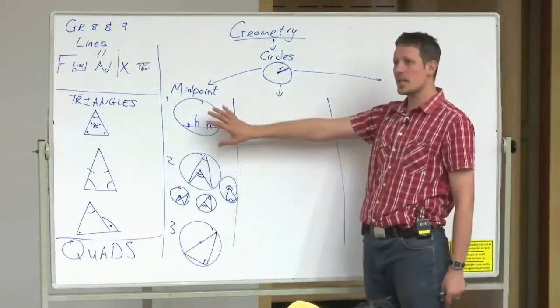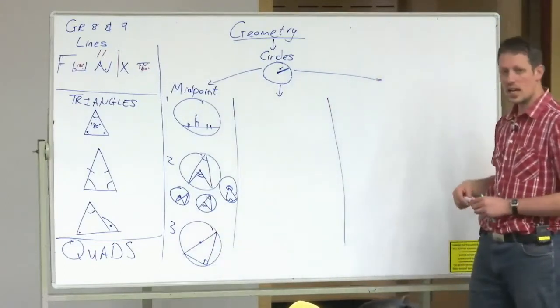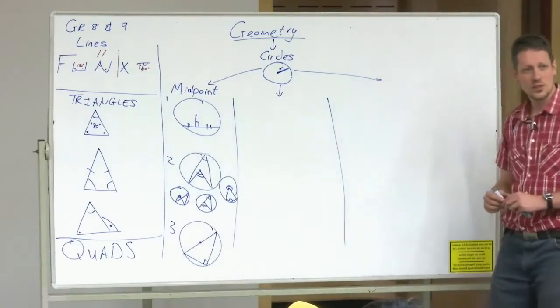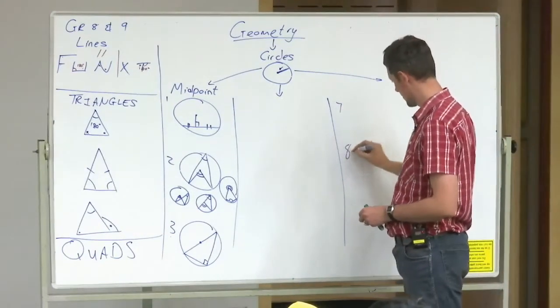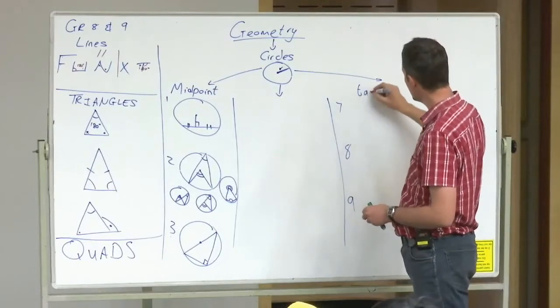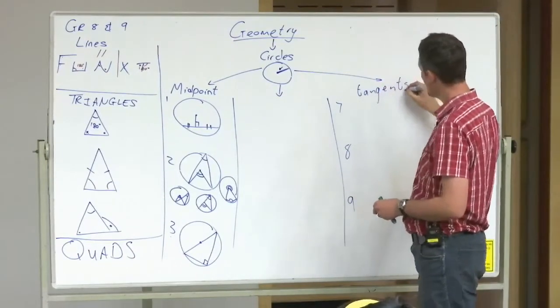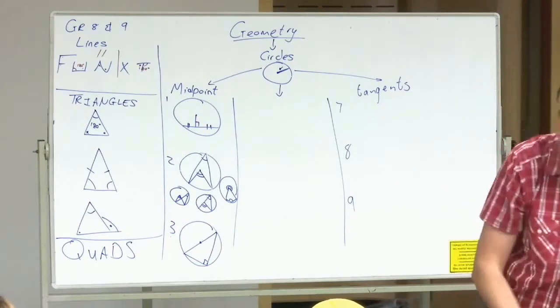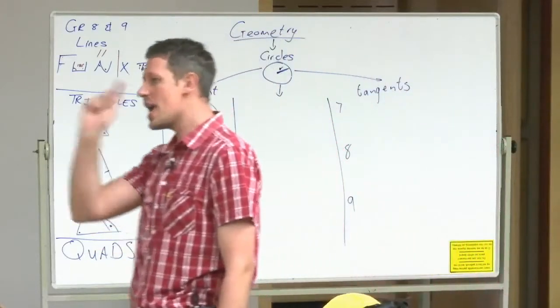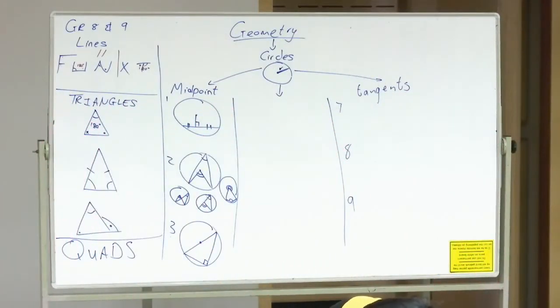Guys, after I've looked at midpoints, I go to Theorem 7, 8, 9, which has to do with tangents to circles. When do I use these theorems? When you are told this thing is a tangent. Guys, please, in many of my exams, I have caught kids out where the line looks like a tangent.